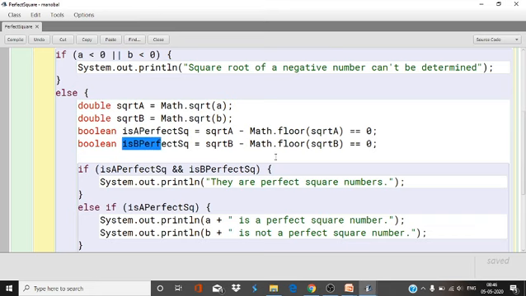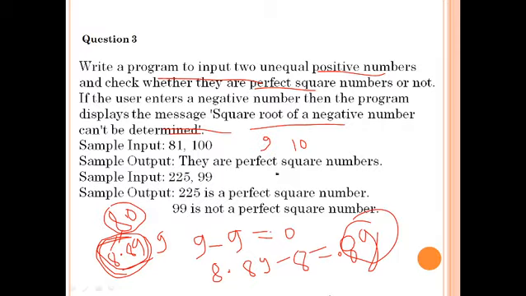Now done. If I compile this program, you will see this. It is good now.